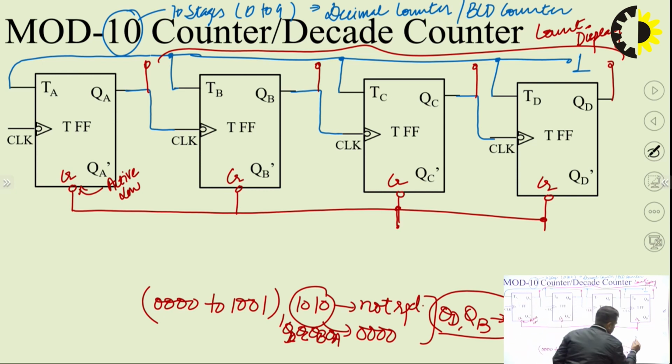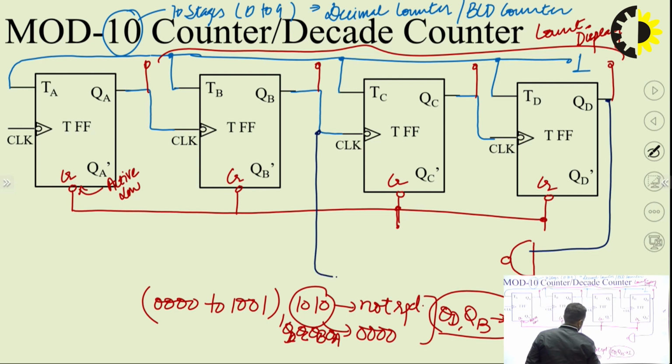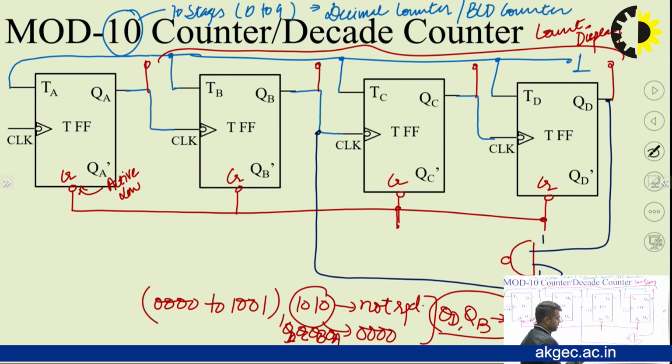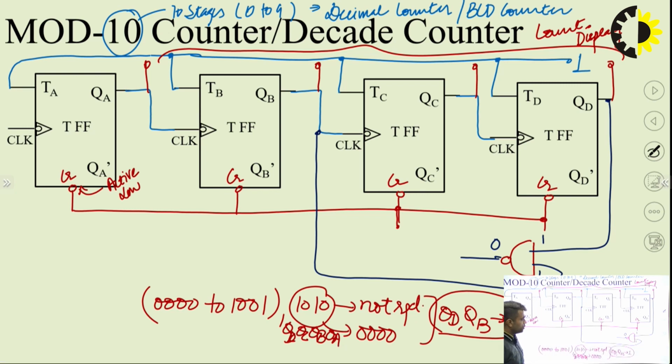So if I use a NAND gate and make these connections, QD and QB, both these 1 inputs reach the NAND gate, then definitely this NAND gate will produce a 0, and this 0 can be used to clear all the flip-flops. I will be connecting this 0 output to the clear inputs of all 4 flip-flops.